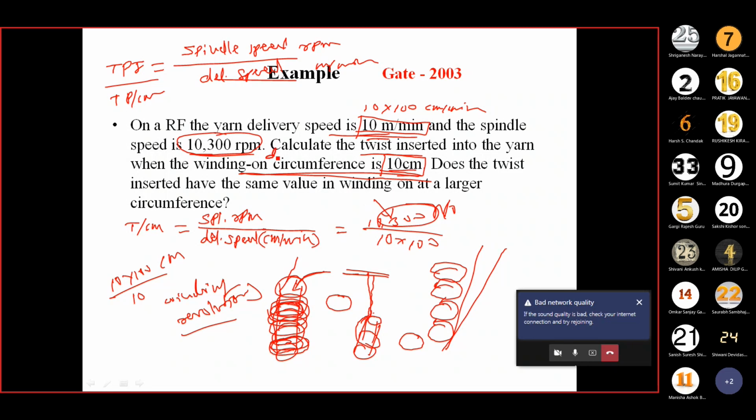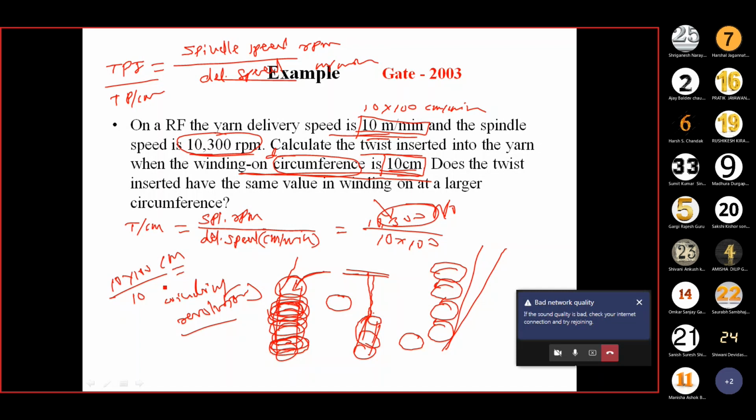They have not given the diameter here. They have given directly the circumference. Understood the difference? Somebody said pi, that's why I am explaining. Okay, so here we'll take the circumference.